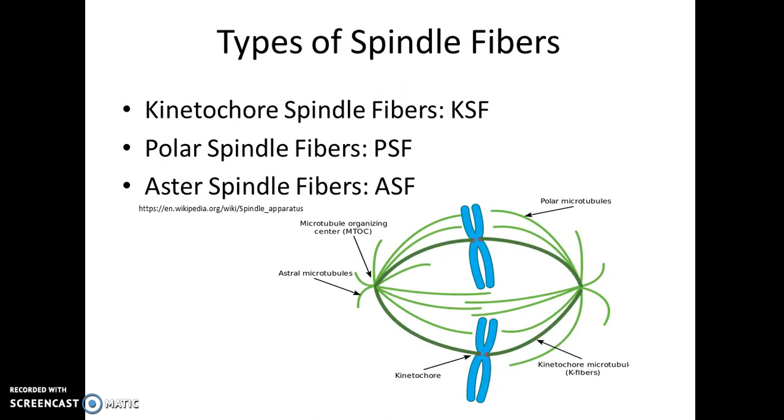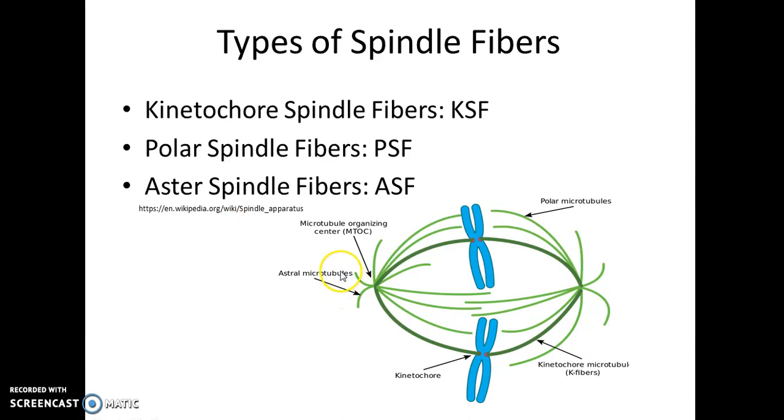There are three types of spindle fibers. There's the kinetochore spindle fibers, and if you take a look at the diagram, they're here, and they attach from the centrosome to the kinetochore. Polar spindle fibers go from centrosome to centrosome, and these actually act as an anchor by keeping the centrosomes apart, whereas the kinetochore spindle fibers move the chromosomes around.